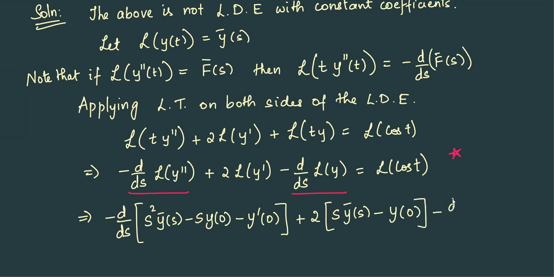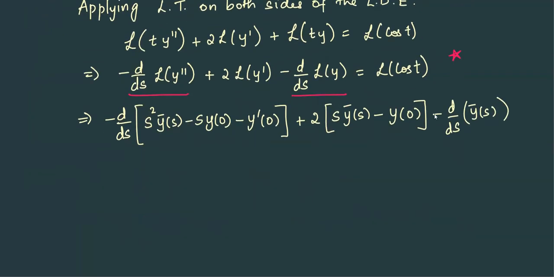Now this is minus d by ds of y bar s. So let us find this now. And right hand side is s by s square plus 1 the whole square.